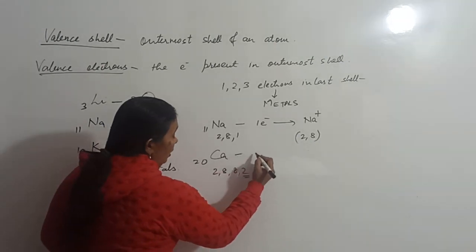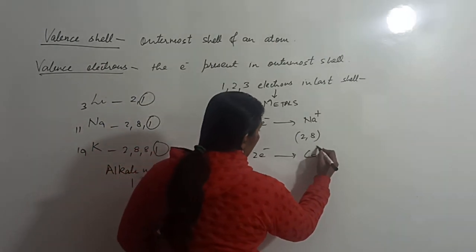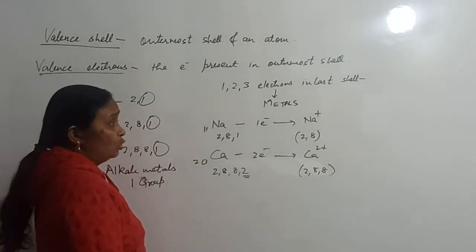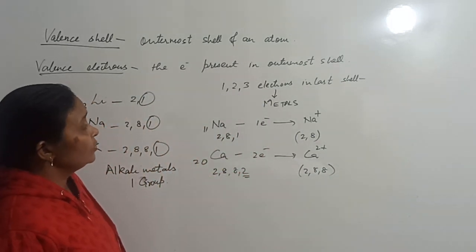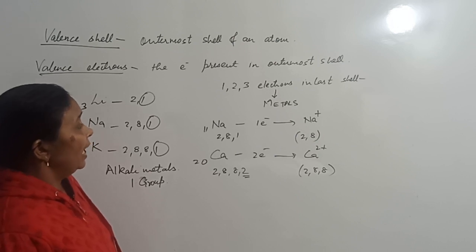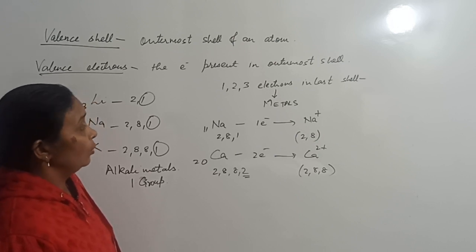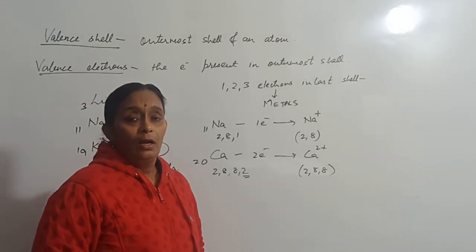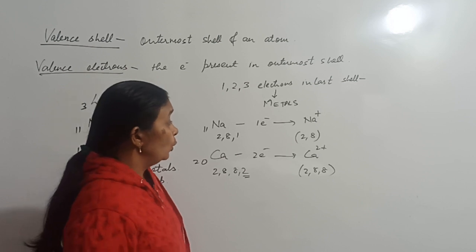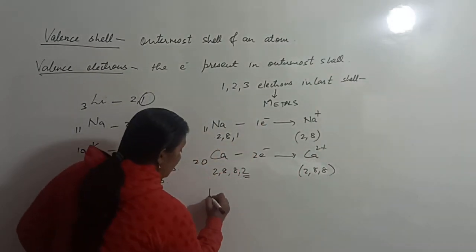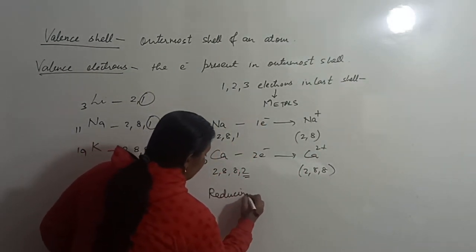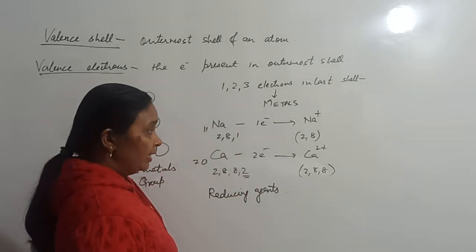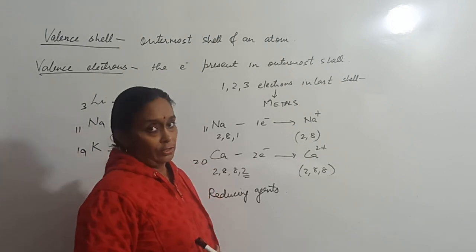It is a metal, can lose 2 electrons and form Ca2+, that is 2,8,8. So these metals, with 1, 2 or 3 electrons in the outermost shell, lose electrons, form positive ions, and thus they are good reducing agents. Reducing agents means they can donate their electron to some other atom and reduce it.